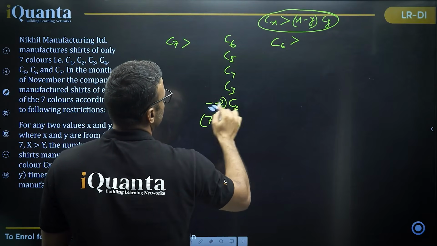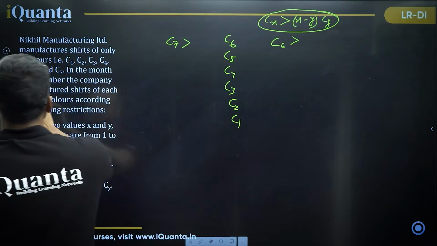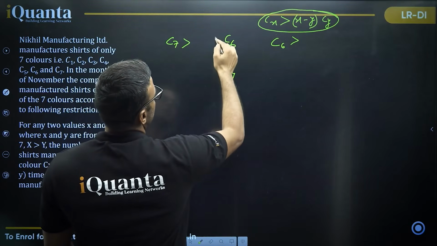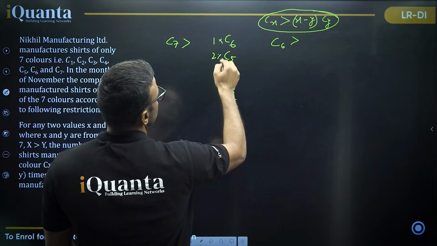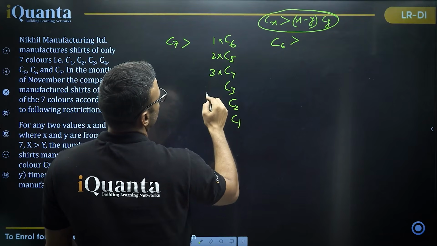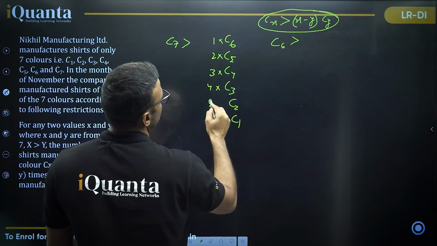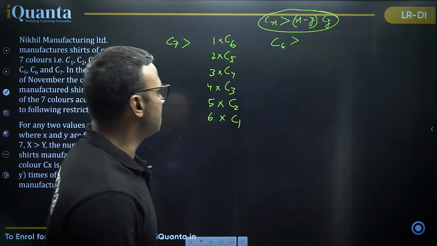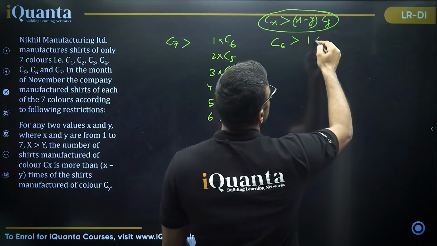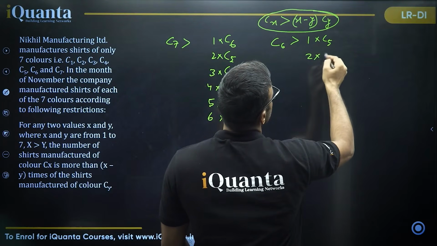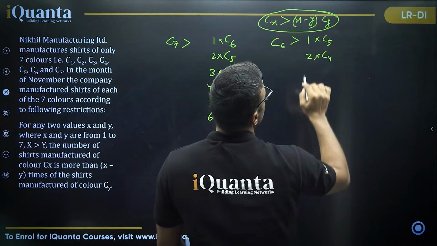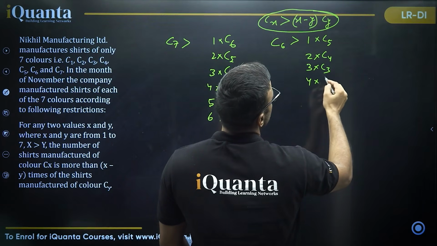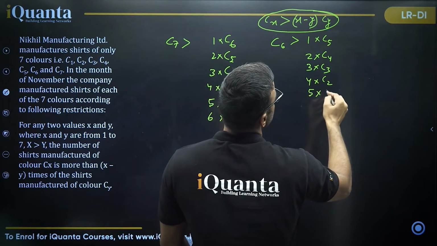Now that we understand the process, C7 has to be greater than 1 into C6, 2 into C5, 3 into C4, 4 into C3, 5 into C2 and 6 into C1. C6 has to be greater than 1 into C5, 2 into C4, 3 into C3, 4 into C2, 5 into C1.